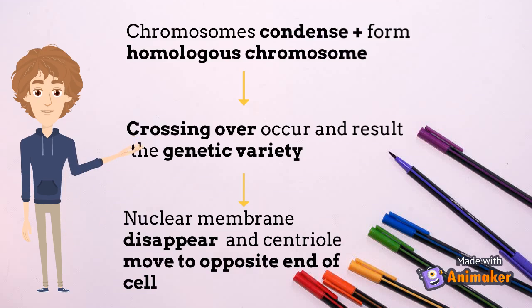Basically, this is the flow for prophase 1. First, chromosomes condense and form the homologous chromosomes, and then crossing over occurs, and it leads to genetic variety. After that the nuclear membrane disappears and centrioles move to opposite ends of the cell.